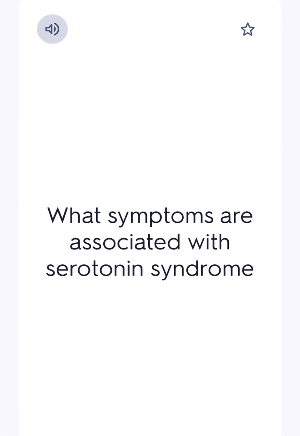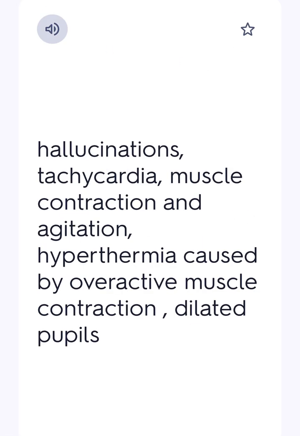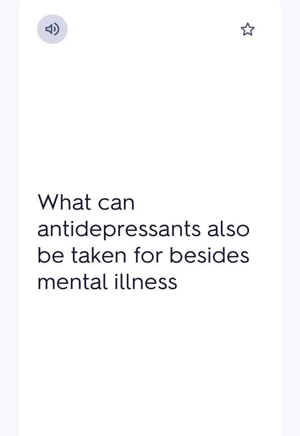What symptoms are associated with serotonin syndrome? Hallucinations, tachycardia, muscle contraction and agitation, hyperthermia caused by overactive muscle contraction, dilated pupils. What can antidepressants also be taken for besides mental illness?